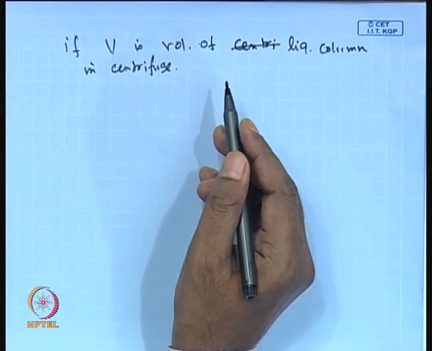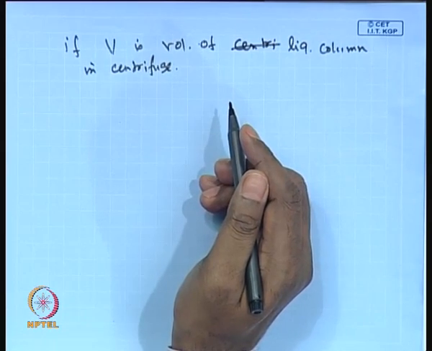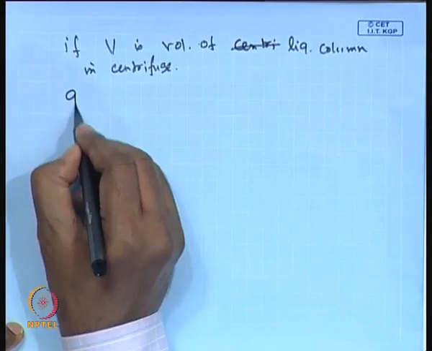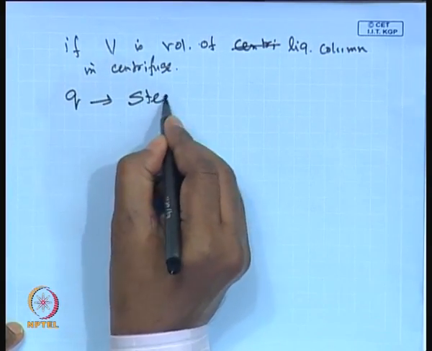So, in fact, there will be two phases in the centrifuge, one will be the liquid phase, another will be the solid phase, and the solid phase volume will be the solid particle that will be residing on the wall, but that volume will be extremely small compared to the volume of the centrifuge. So, volume of the liquid will be roughly equal to the volume of the centrifuge, okay. And Q is the steady state flow rate of the liquid.